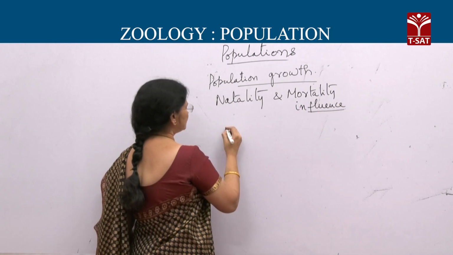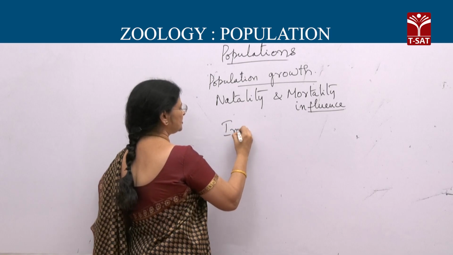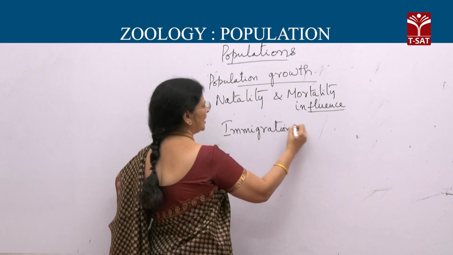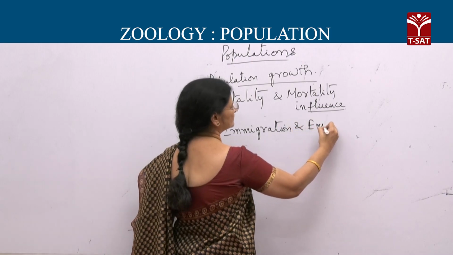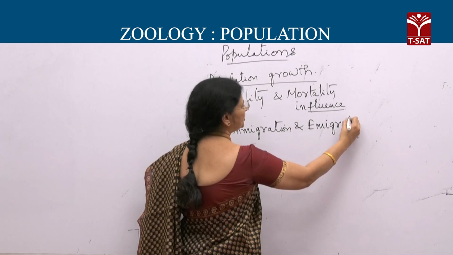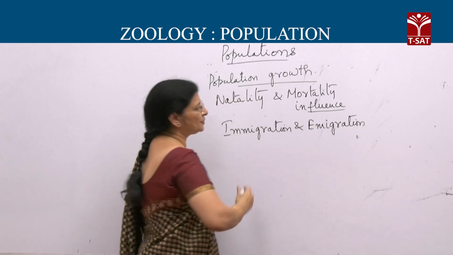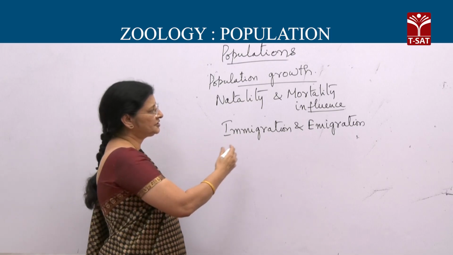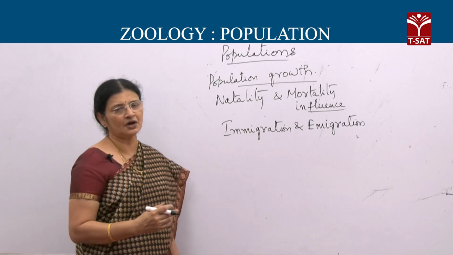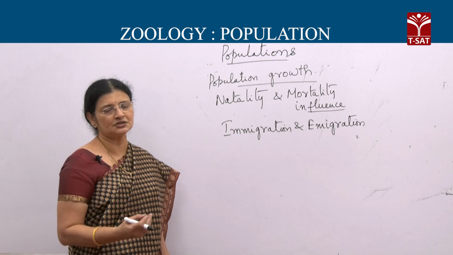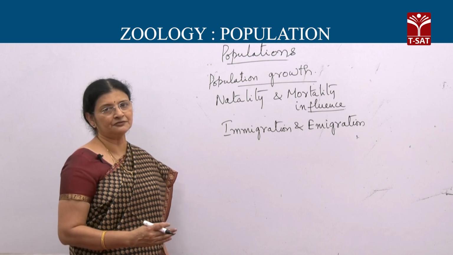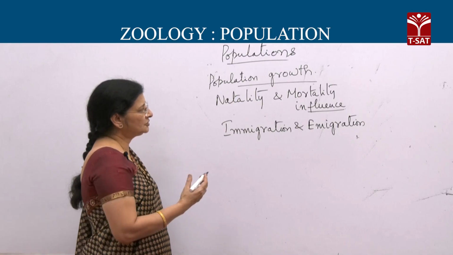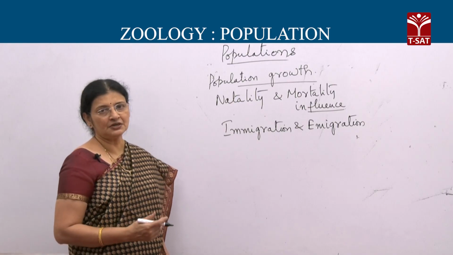In addition to this, sometimes immigration and emigration. If new individuals join this population, it is called immigration. If the individuals are leaving the population due to drought conditions or scarcity of food, sometimes they go to other places, then also the population will decrease.